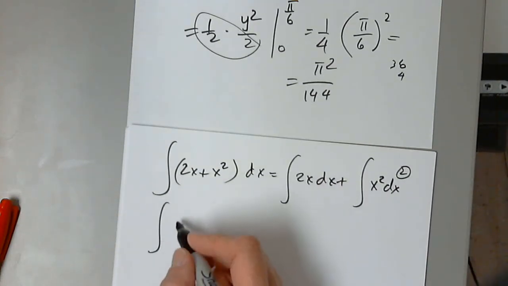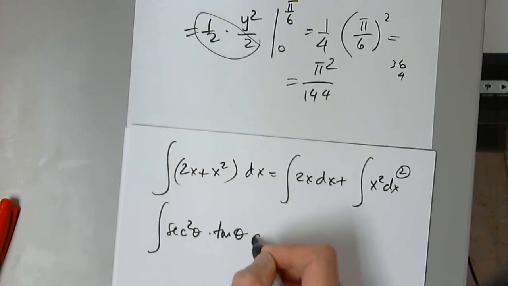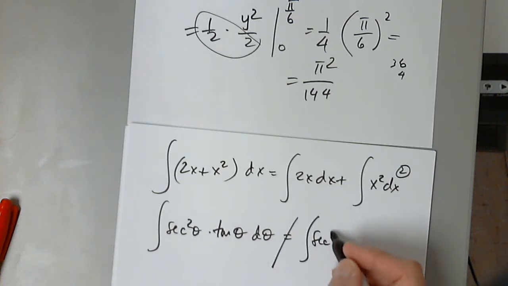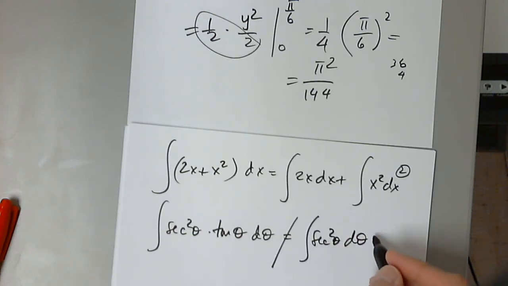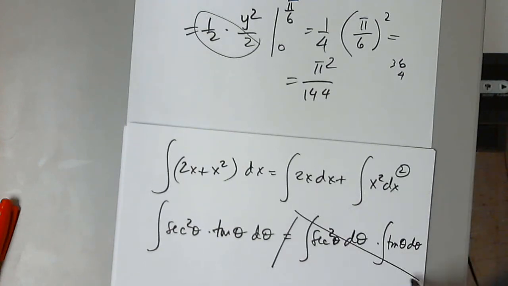But if I have the integral of secant squared theta times tangent theta d theta, I cannot write the integral of secant squared theta d theta times the integral of tangent theta d theta, because it's a product. If it's a product or a ratio, I can't. But if it's a sum, yes, of course. Good. Next problem, next question.